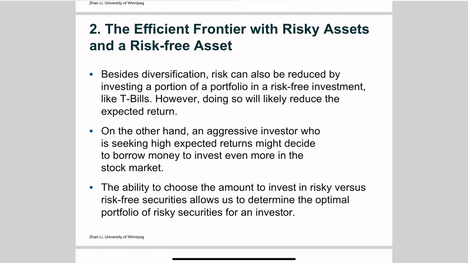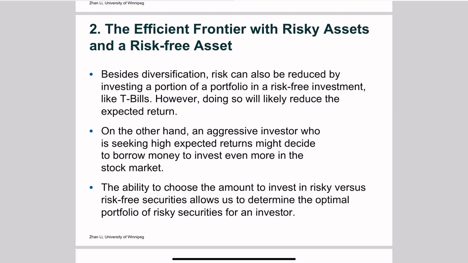But in real life, generally you can invest in risky assets such as stocks, and you could also invest in a risk-free asset such as a very low-risk bond, right?